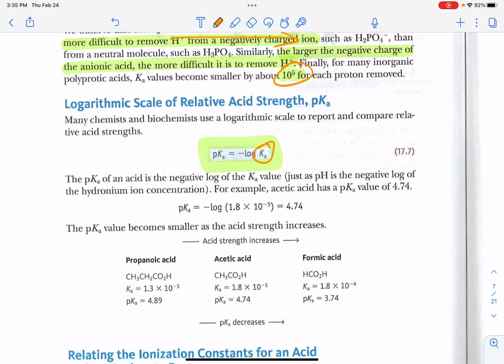And so sometimes it's easier to talk about the negative log of them, and you're going to get numbers like this, which is a lot easier when it comes to talking about their relative strengths. And we'll be doing a lab on finding the pKa of an acid, hopefully, within the next month.